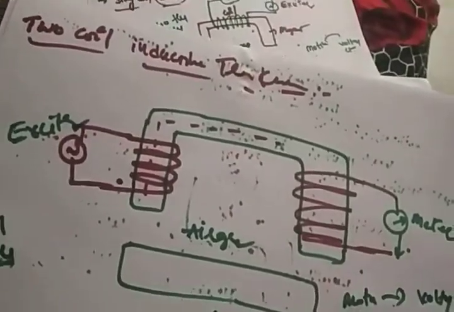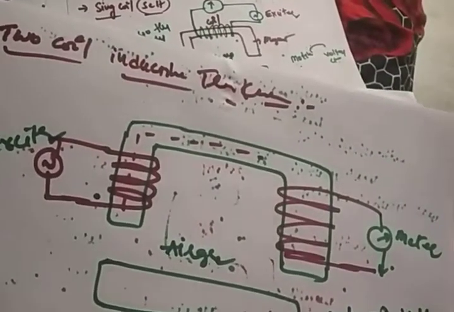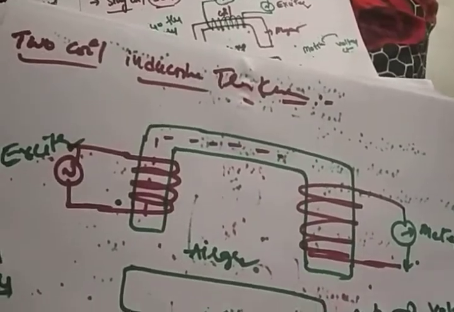So these are the different categories of inductive transducer. And what are the applications? There are no major advantages and disadvantages. Each and every machine requires this type of inductance to be present in the system, and that's why we don't have many advantages and disadvantages for this type of inductive transducer. But we have some applications.